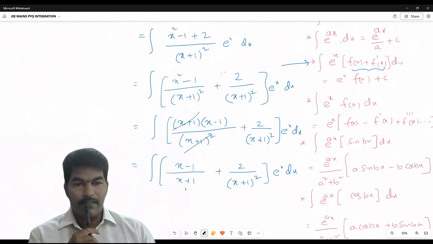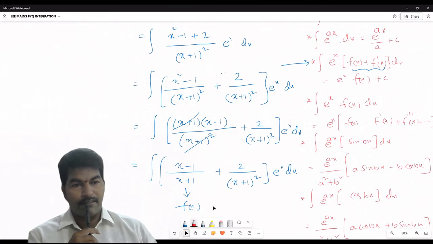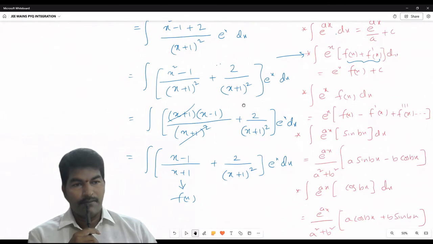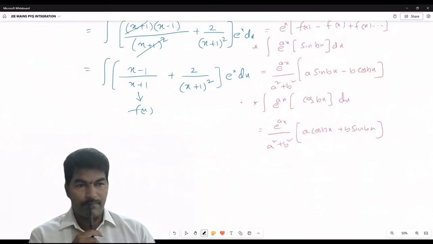Now what I am doing is I am taking this one as f of x. Here one more formula you should know for better calculations. So I am mentioning here that formula: d by dx of (ax plus b) by (cx plus d).